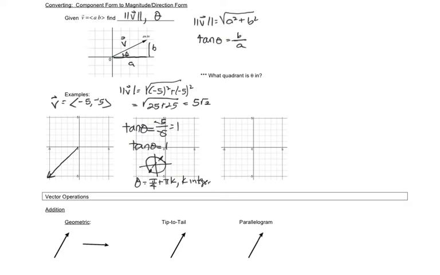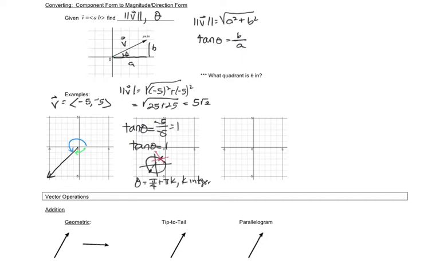But we want very specifically an angle measured from the positive x-axis. This one up here in the first quadrant, that's not the one we want. We want an angle corresponding to the one in the third quadrant. So we don't want this.